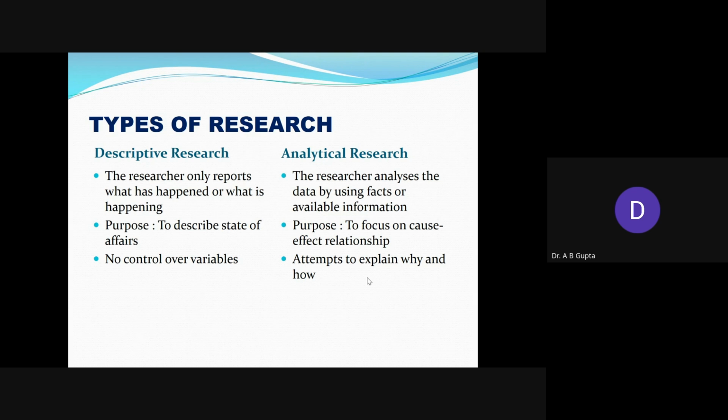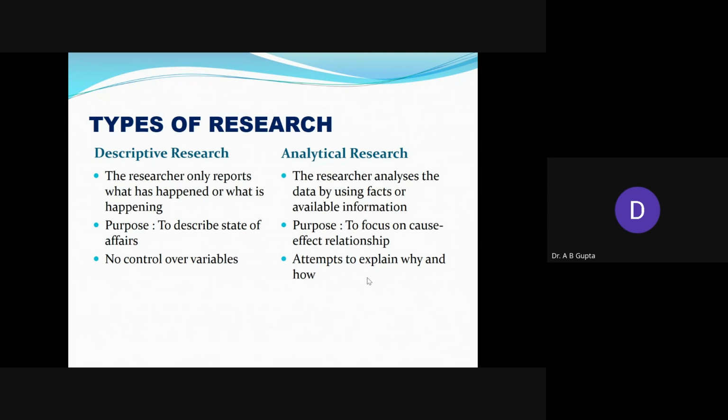And why are you analyzing this data? Because you want to establish a certain relationship: why something is happening, a cause and effect relationship. If you are trying to establish a certain relationship, then my friends, you are carrying out analytical research.